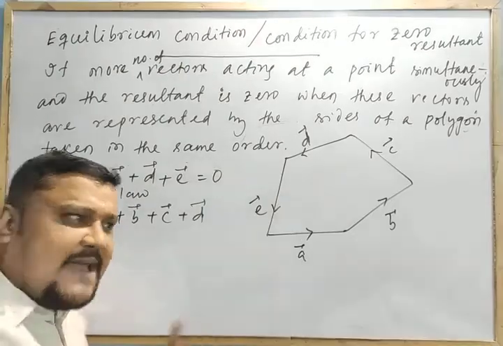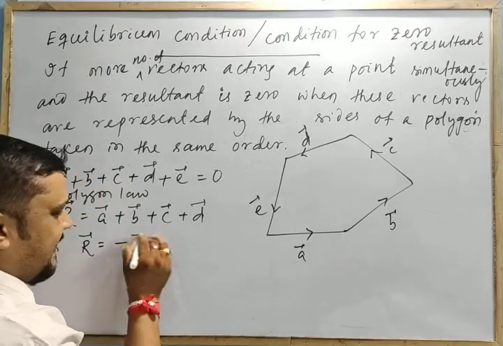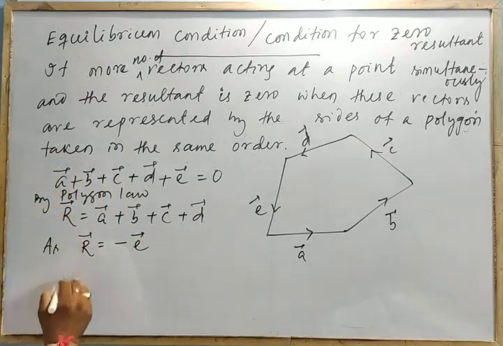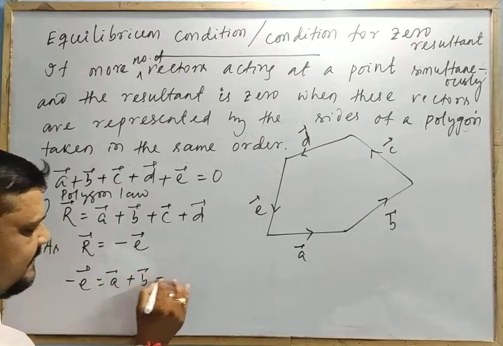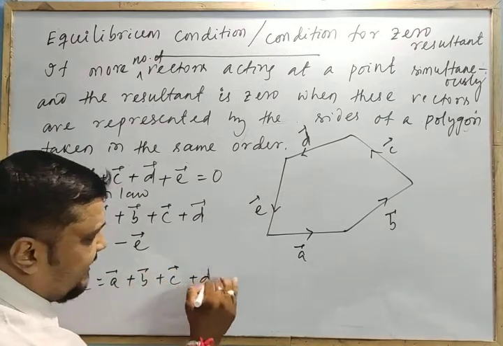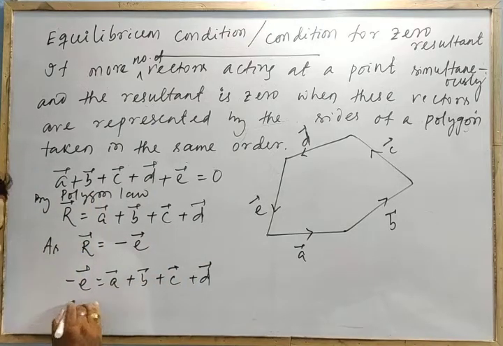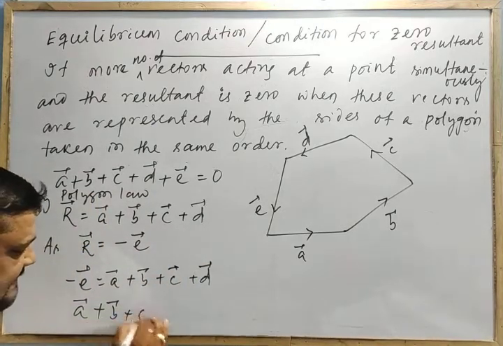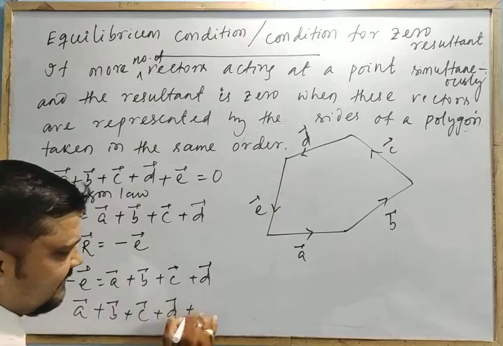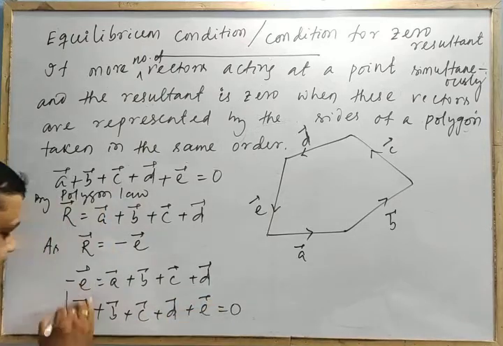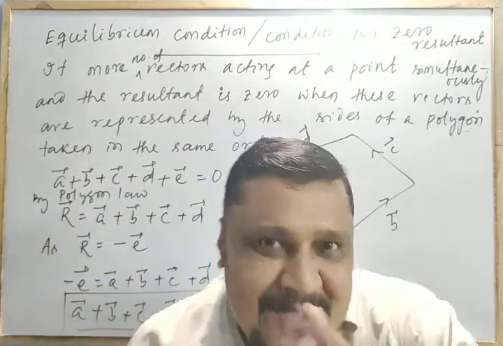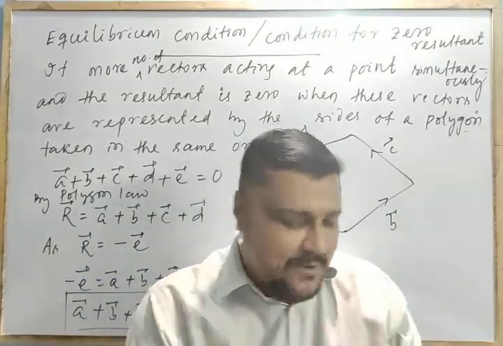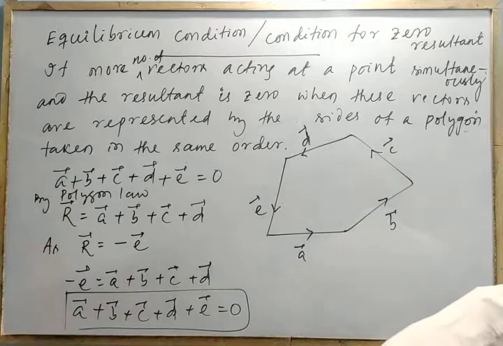E, but in the opposite direction. So I can write R is equal to minus E. Put that: minus E is equal to A + B + C + D. Add this: A + B + C + D + E is equal to 0. I proved that. Clear? So this is the trick to find when the resultant is 0.